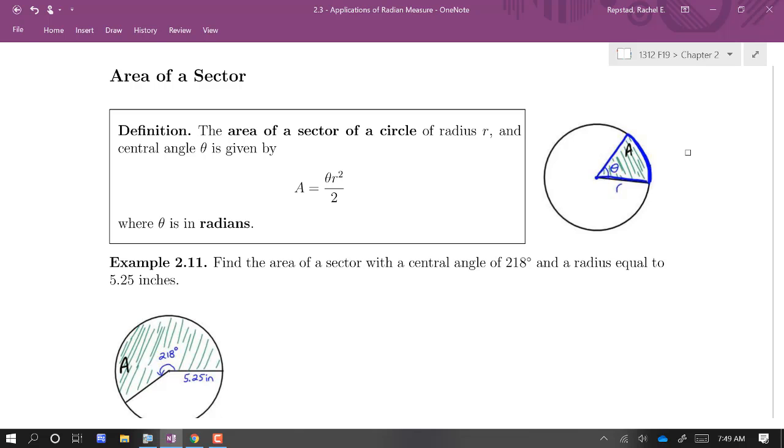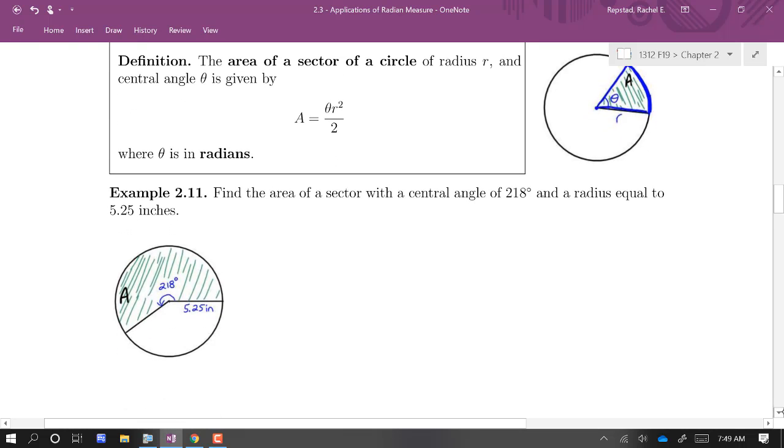So we're going to find the area of a sector with a central angle of 218 degrees and a radius equal to 5.25 inches. So here they've shown it to us. The only thing I really need to worry about, they gave us the angle, they gave us the radius, I just have to get that angle in radians. So I'm going to start with a little conversion. 218 degrees.